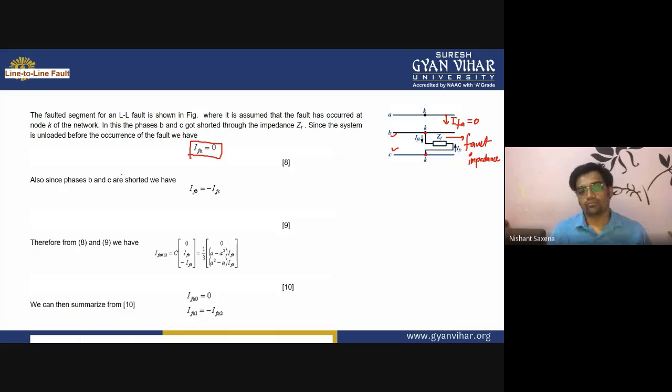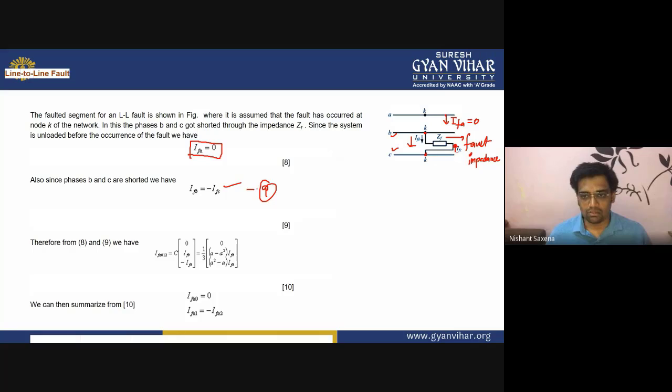Now also look at phases B and C. You can see IFB is flowing this way, and IFC is flowing this way. The directions of the fault currents of phase B and phase C are opposite to each other. That's why we can say that IFB is equal to minus IFC. Let this be equation number 9.